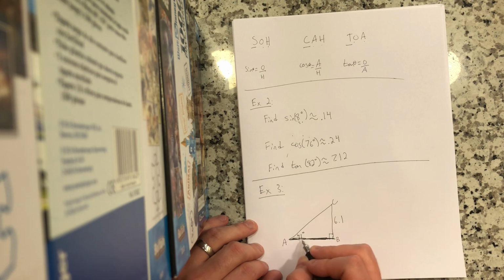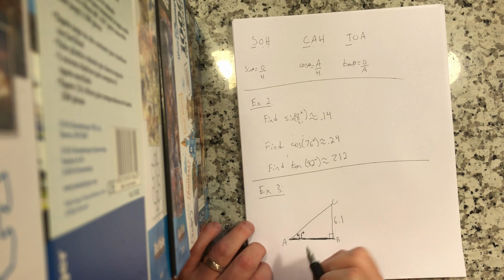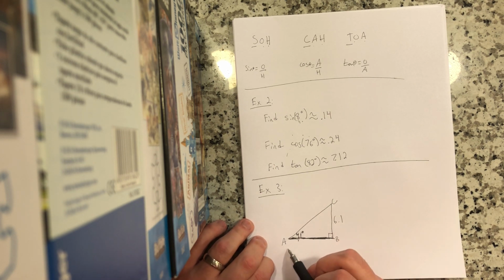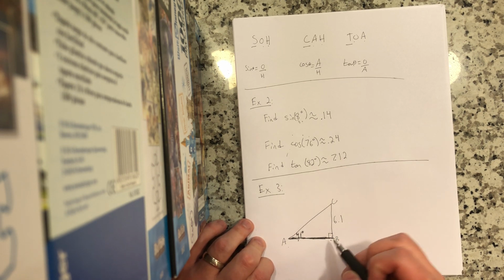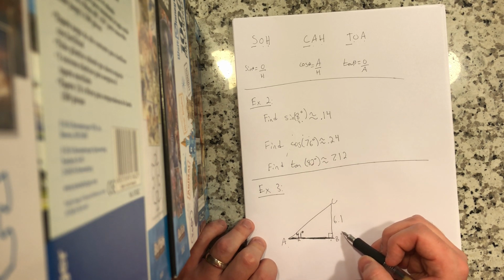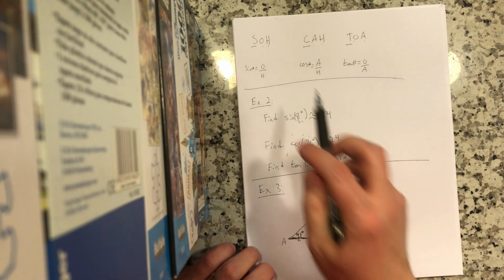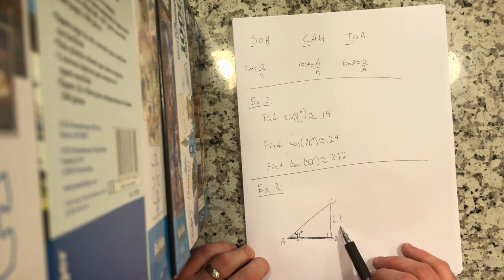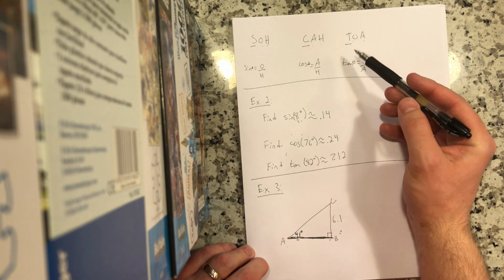First off, we need to figure out what function we're dealing with. The angle we're given is angle A, which is 41 degrees, and we're looking for the length of AB. Well, AB is the adjacent side to this angle, and we have 6.1, which is the opposite side of that angle. So if we go back to our acronym SOHCAHTOA, which one uses the adjacent and the opposite? That's going to be the tangent.